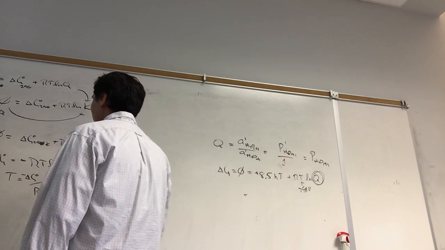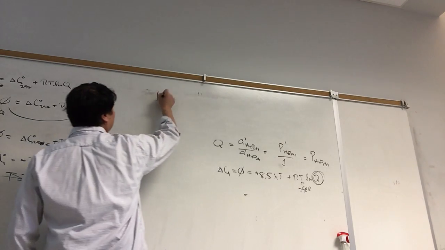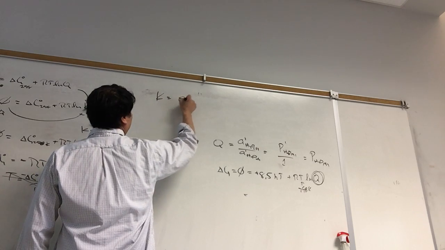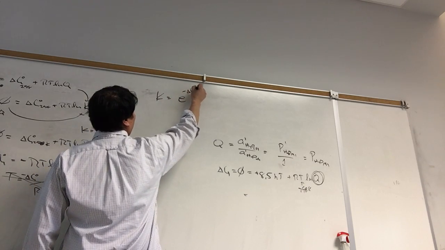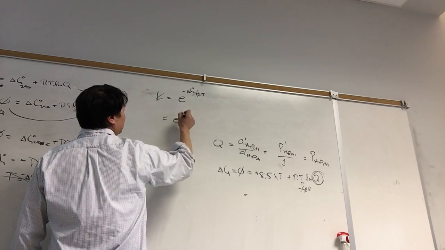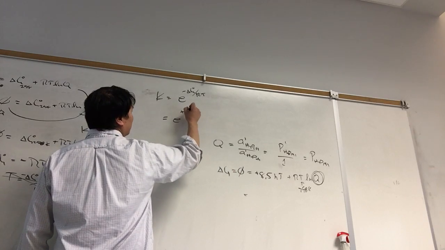Actually, we aren't solving for the temperature, I'm sorry. We're solving for K, which is the pressure. K is equal to e to the minus delta G naught over RT. Let's go ahead and do that. We plug in delta G naught, which is 8.5.